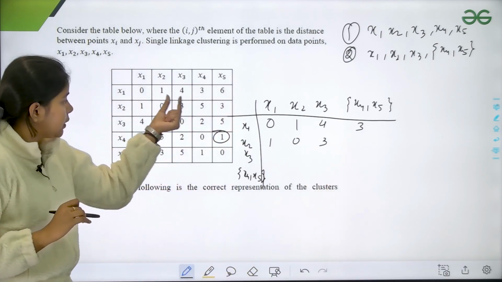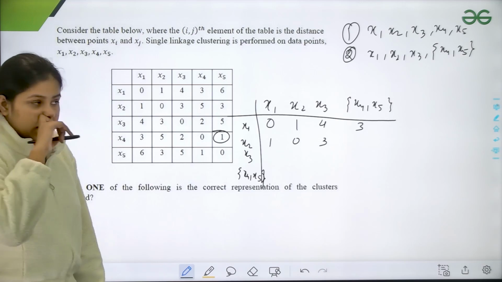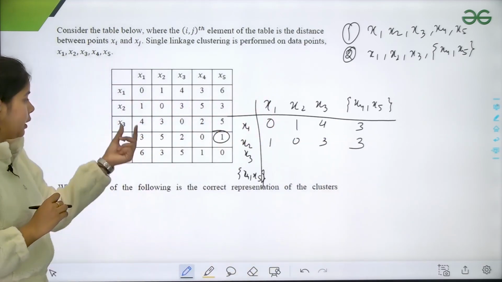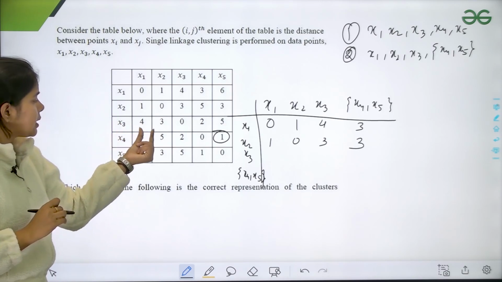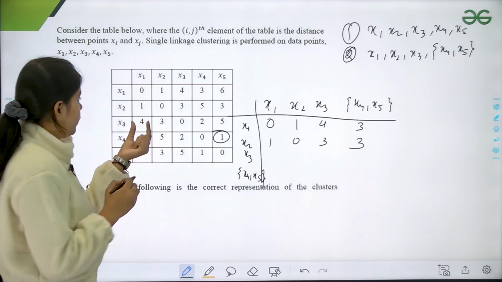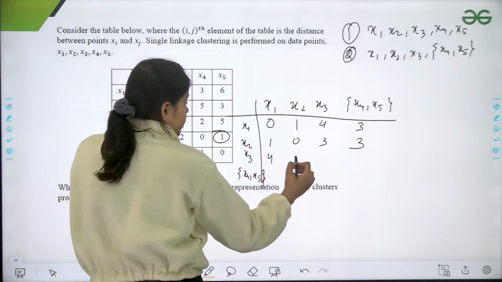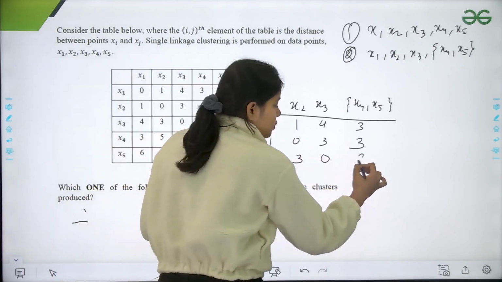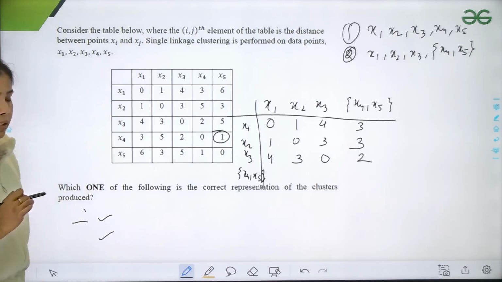Now, x2 distance with x4 and x5 is 5 and 3, so it would become 3. Right? Now, x3 distance with x1 is 4, so it would become 4, 3, 0. Now, x3 distance with x4 and x5 is 2 and 5. So we'll get 2 here.